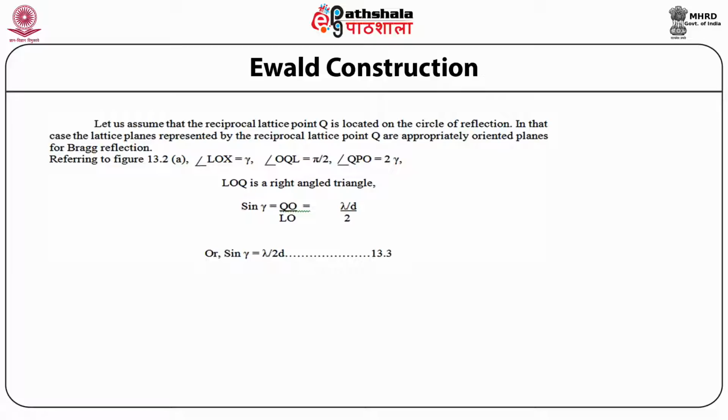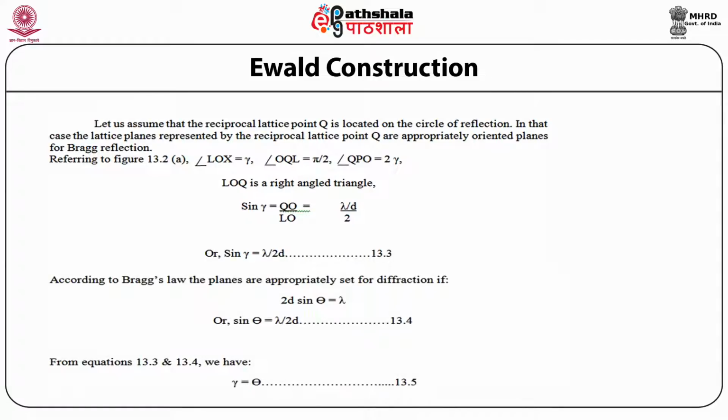Therefore, sine gamma is equal to QO upon LO is equal to lambda by d upon 2, or sine gamma is equal to lambda by 2d, which is given as equation number 13.3. According to Bragg's law, the planes are appropriately set for diffraction if 2d sine theta is equal to lambda, or sine theta is equal to lambda by 2d, given as equation 13.4.